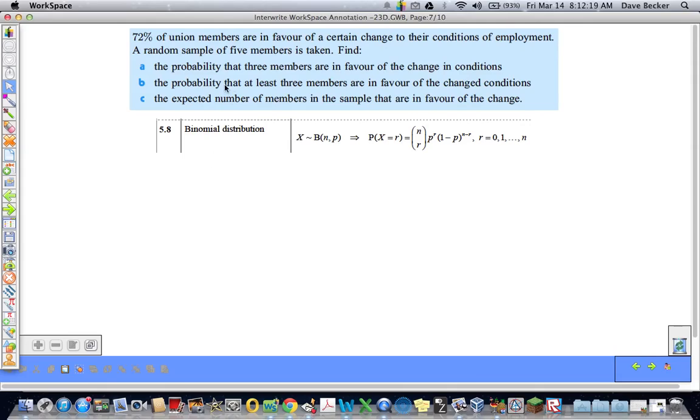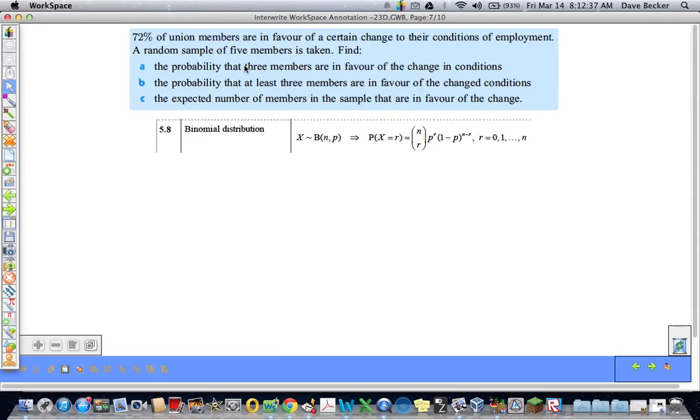Okay, so we have 5 members, 72% in favor, so that's the yes, 28% is the no. We're interested in 3 members.